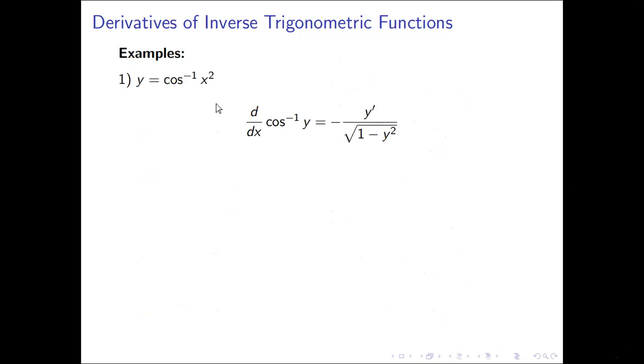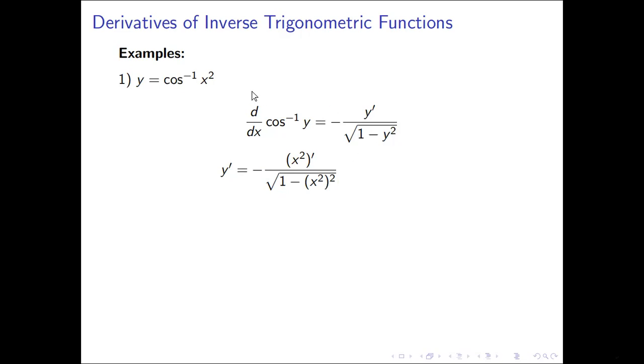You just follow the basic case where you write down 1 over square root of 1 minus y squared. In other words, I've replaced y here by x squared, so x squared squared.